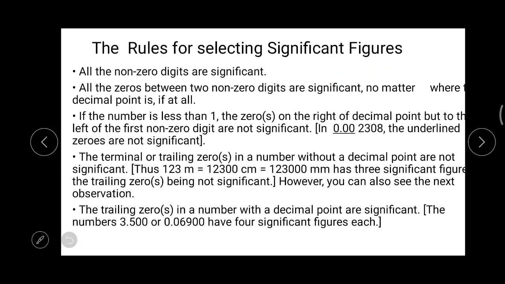All the zeros between 2 non-zero digits are significant, no matter whether there is a decimal point or not. Suppose you have a number 2.0003.